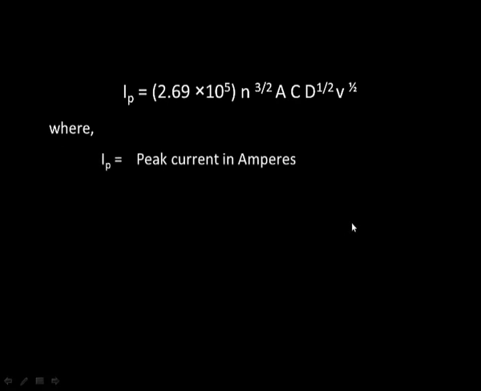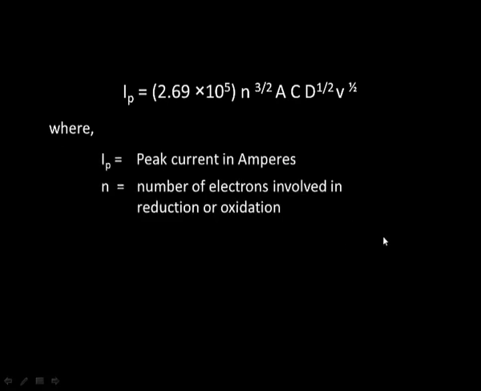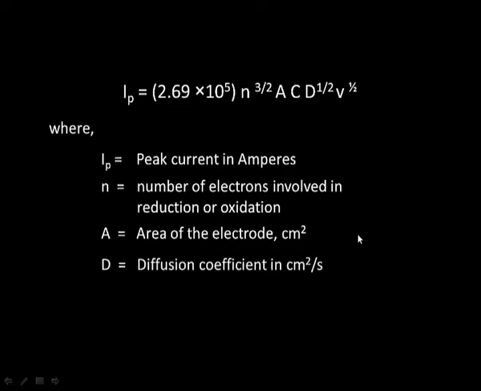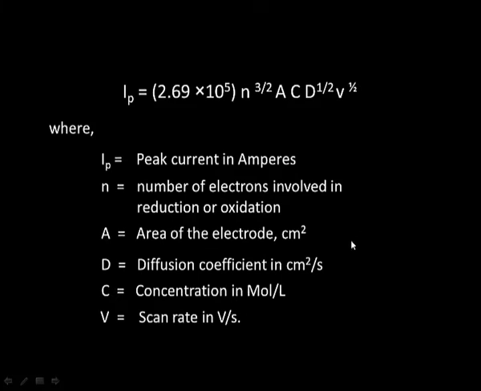Here Ip is peak current in amperes, n is the number of electrons involved in reduction or oxidation, A is the area of the electrode which is exposed to the solution in centimeter square, D is the diffusion coefficient in centimeter square per second, C is concentration in mole per liter, and finally v is scan rate in volts per second.